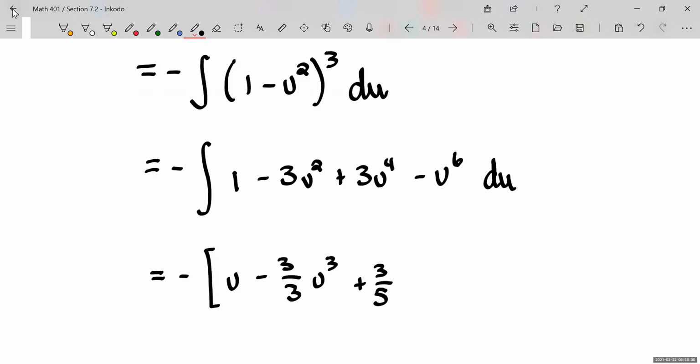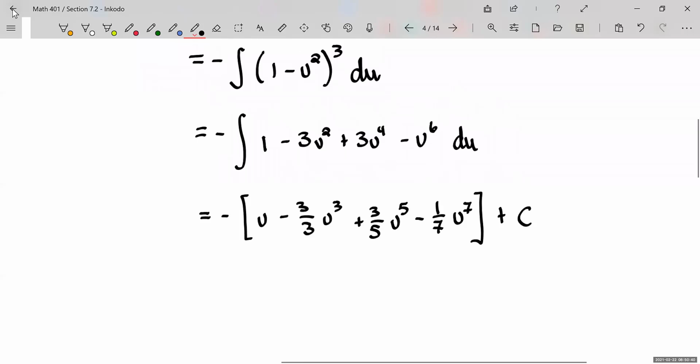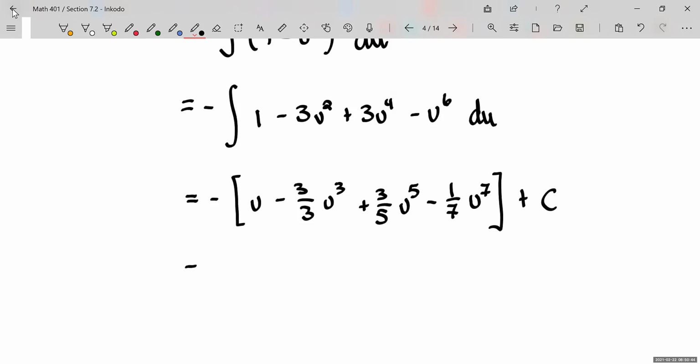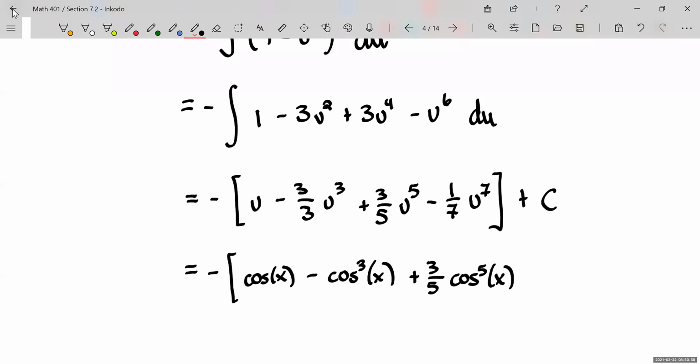3/5 u to the 5th minus 1/7 u to the 7th plus c. And then remember, u was the cosine. So I'm just going to substitute in cosine and I'm done. Negative cosine of x minus cosine cubed of x plus 3/5 cosine to the 5th of x minus 1/7 cosine to the 7th of x, and then plus c.